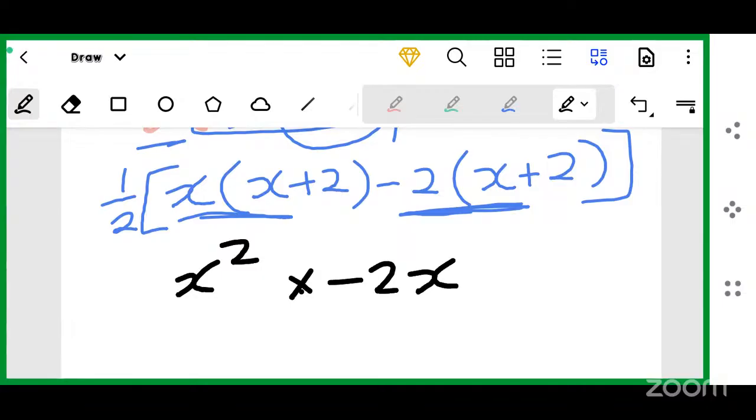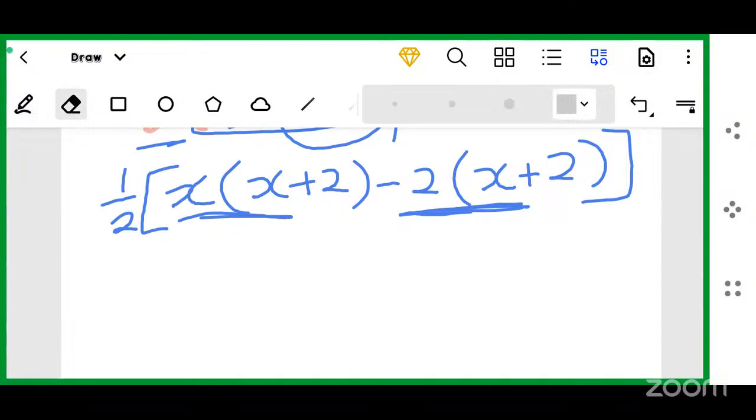So what is our final expression? x to the power of 2, negative 2x and a half. Okay, let me show you this one, and then I'll give you one to work out.